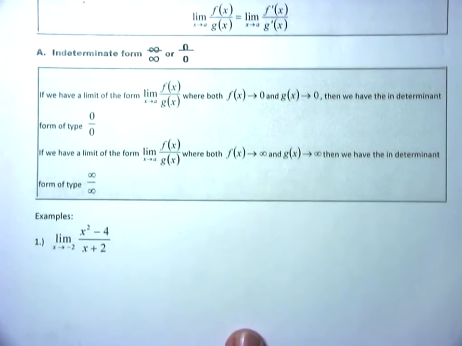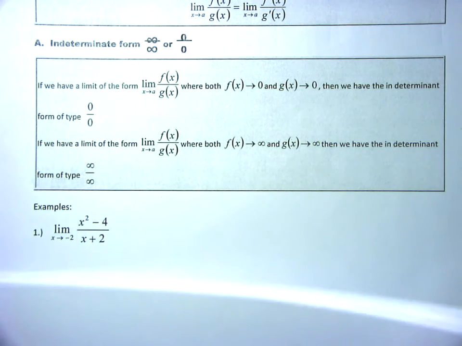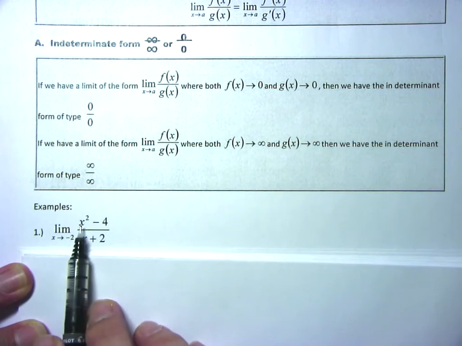Example number 1. We have the limit as x approaches -2 of x squared minus 4 divided by x plus 2. Back in the first chapters that we covered, what we would have done here is simply plug this in.